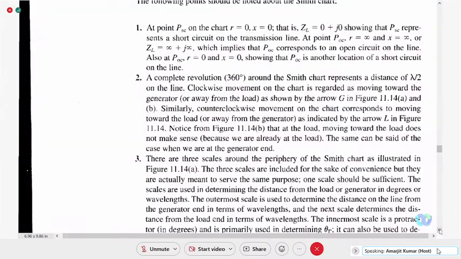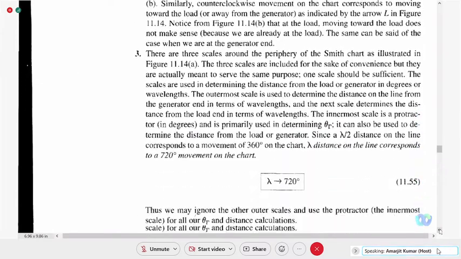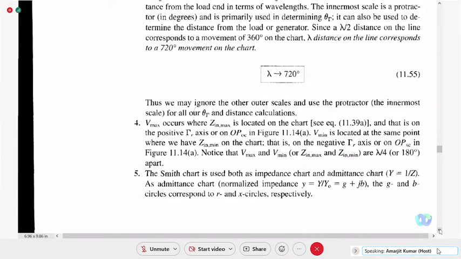Okay, good. So maximum voltage and minimum voltage, and what will be the distance between the maximum and minimum voltage on the Smith chart? That will be 180 degree apart on the Smith chart. On the transmission line it is lambda by 4 distance.